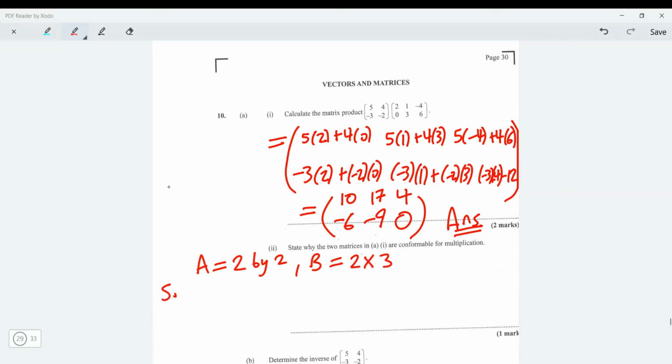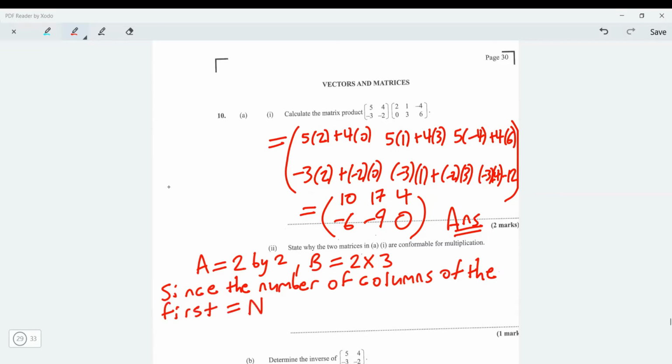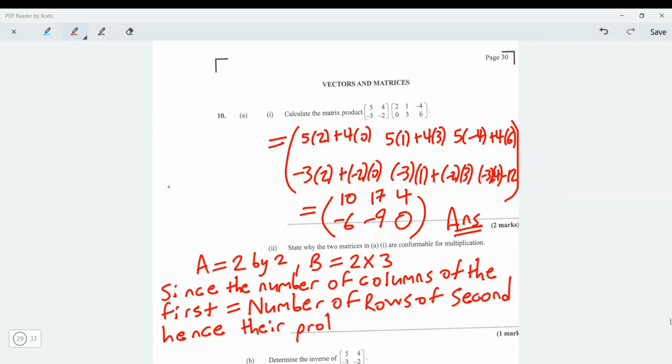So what we can tell them is since the number of columns of the first matrix equals the number of rows of the second matrix, hence their product matrix is compatible.